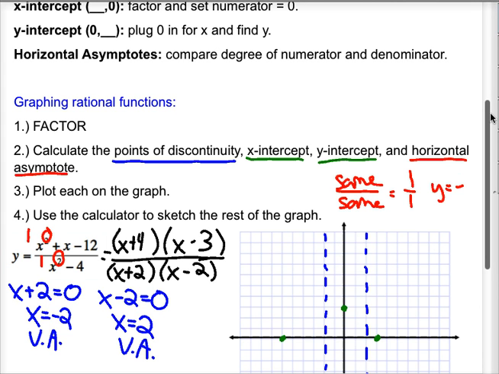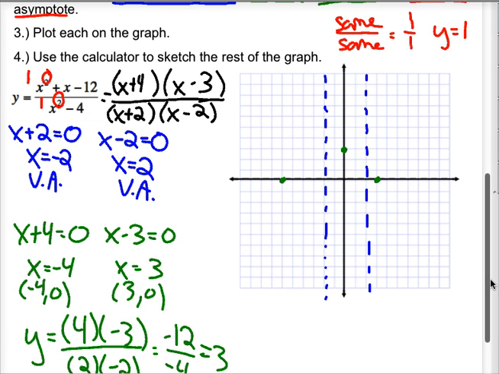That means we have a horizontal asymptote at y equals 1. So I'm going to plot that as well. y equals 1 is a horizontal asymptote. So I have all of my pieces now.